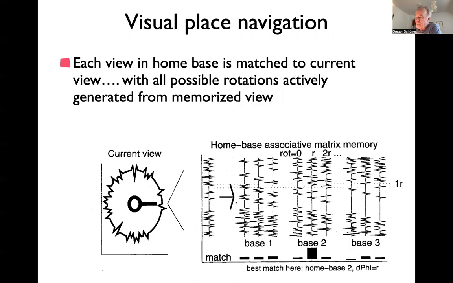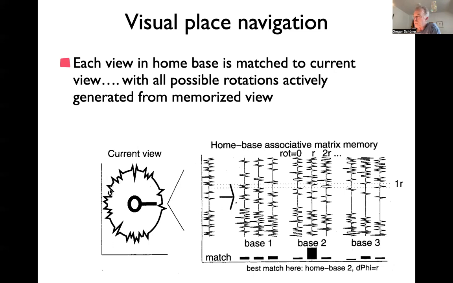And so around the home bases, we just stored these views. You see, these views are spatial, so plotted here for illustration in a circle, but it's really a vector of the current view. There can be zeros and ones from these different backgrounds, and by differentiating, we have this plus and minus, so going from 0 to 1, from 1 to 0, and so on.